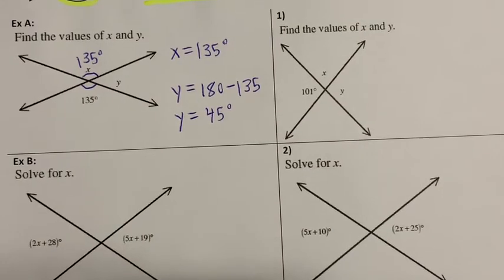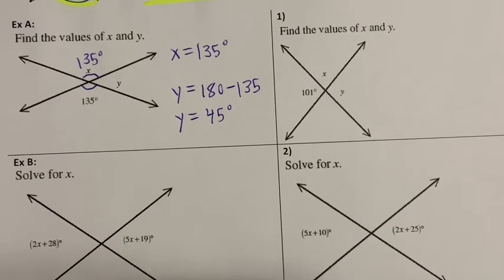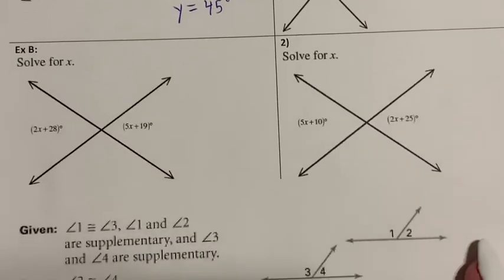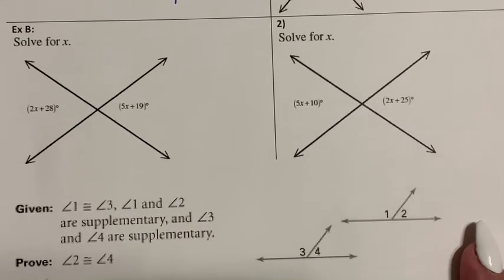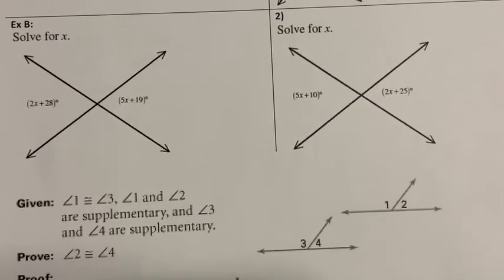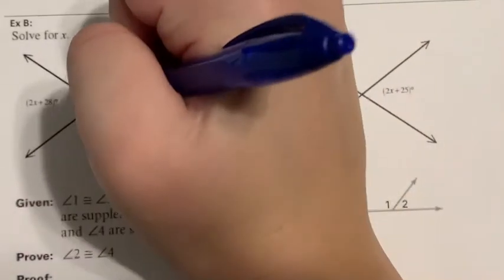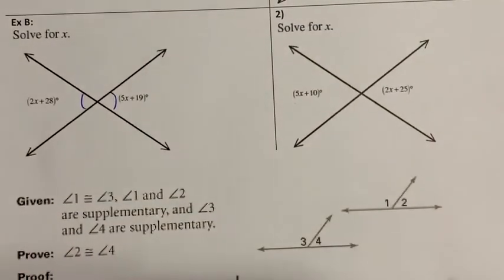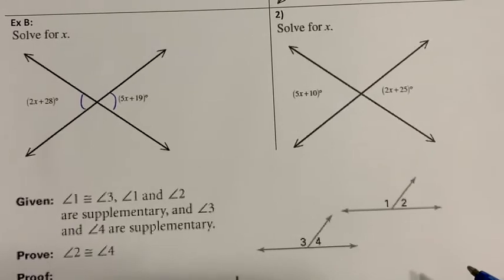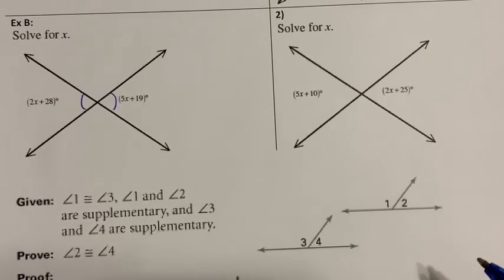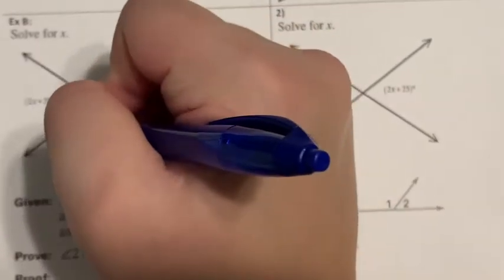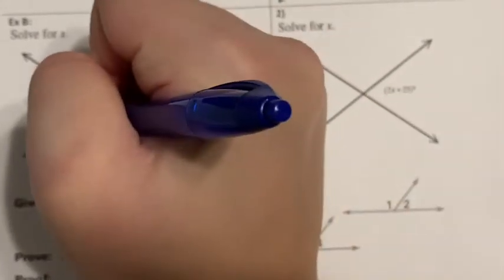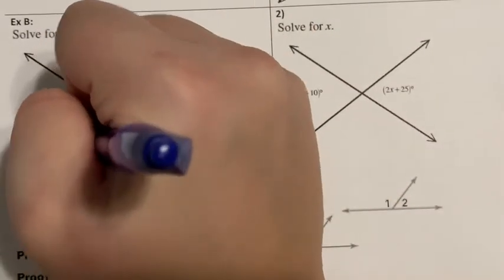In example B, now we don't just have a degree measure, now we're asked to solve for X and we have expressions. I can see that my 2 expressions are on opposite vertical angles, and we know that vertical angles are congruent. So based on that definition, we can make a note here that these must be equal.